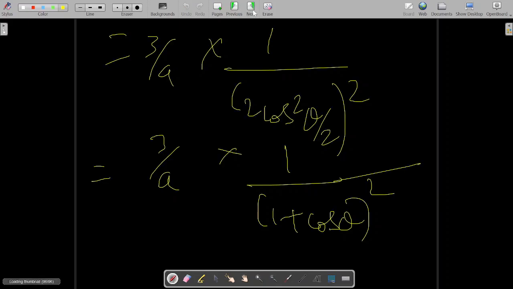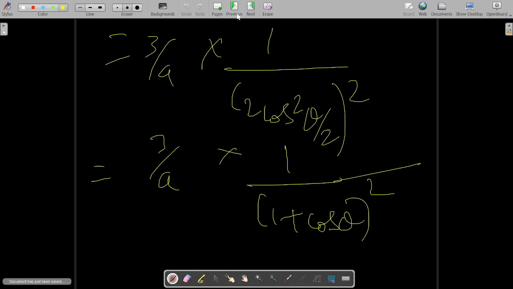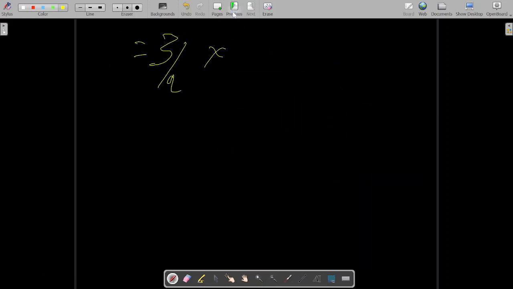Then that becomes equal to 3 by a into 1 over r by a whole square, because this 1 plus cos theta, 1 by 1 plus cos theta, is r by a from equation 1.